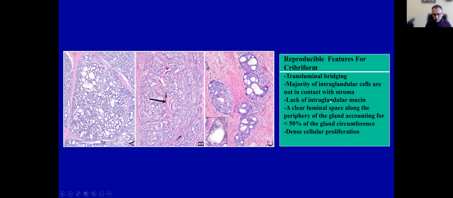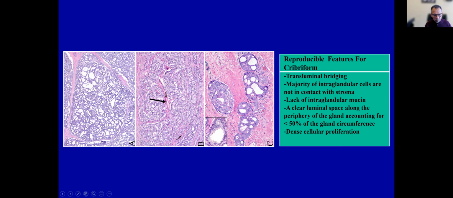There should be a lack of intraglandular mucin, same as the ISUP consensus definition criteria. A clear luminal space along the periphery of the gland should account for less than 50% of the gland circumference. So a clear space like this should occupy less than 50% of the gland circumference, and that will be better represented in the next slide.